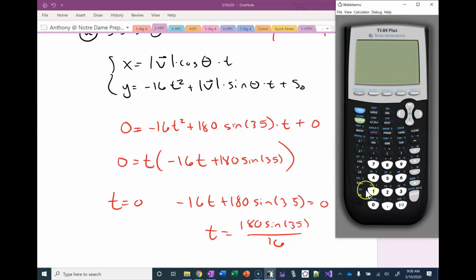And I could now plug that solution into my equation for x. And when I get that, I get 951.4 feet.